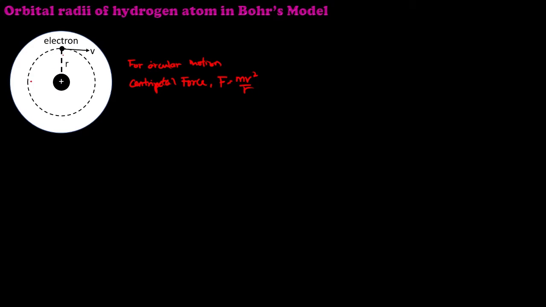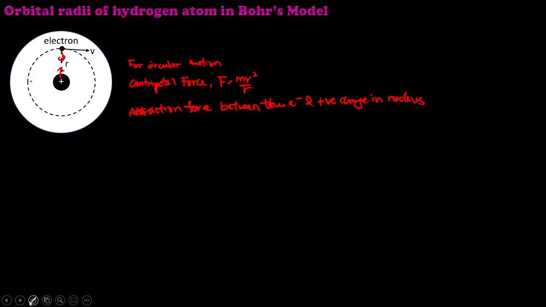And because we have an electron charge and also a positive charge, they attract each other. So this centripetal force is actually from the attraction force between the electron and the positive charge in the nucleus.